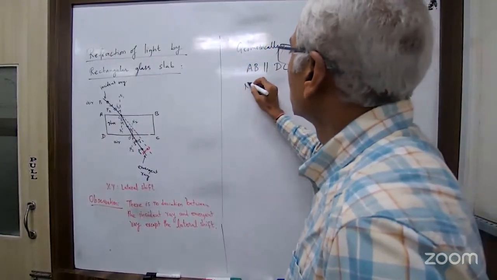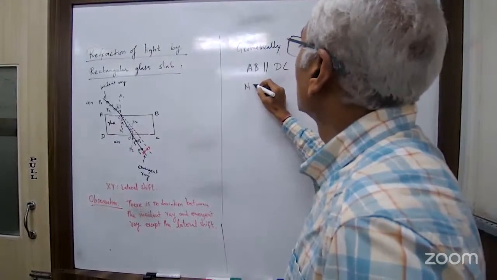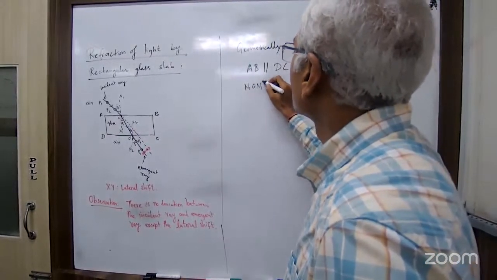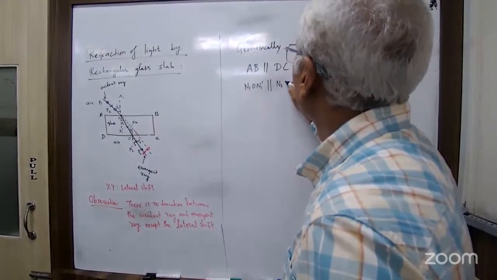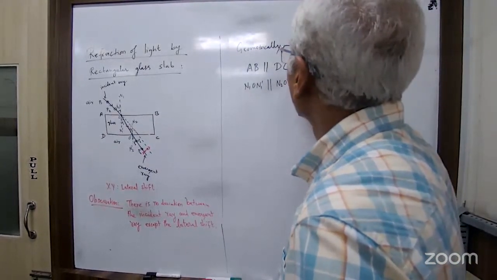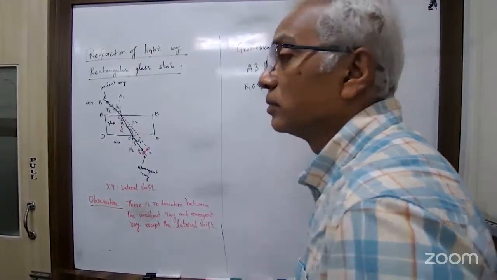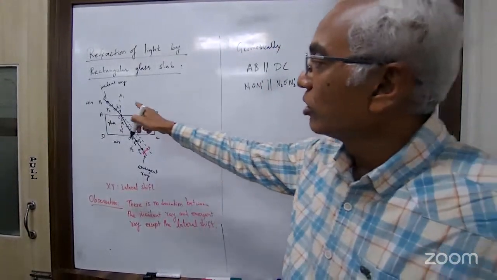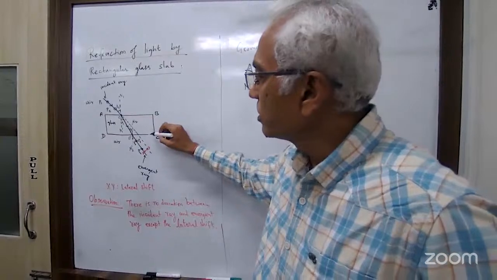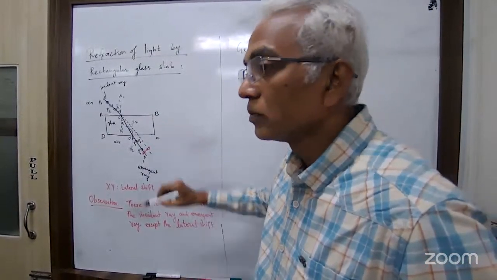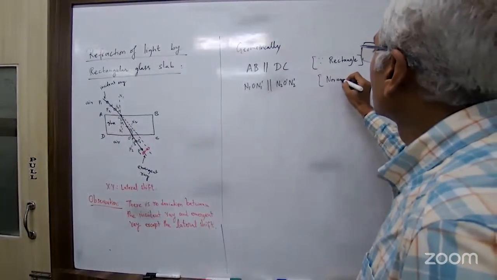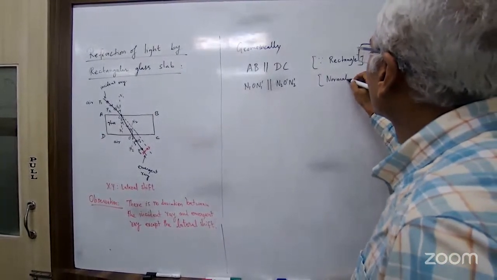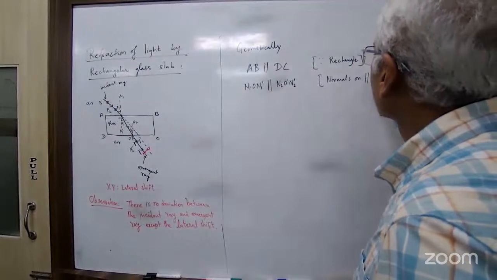Then N1 O N1 dash must be parallel to N2 O dash N2 dash. Correct? Normals on two parallel faces will be parallel to each other.